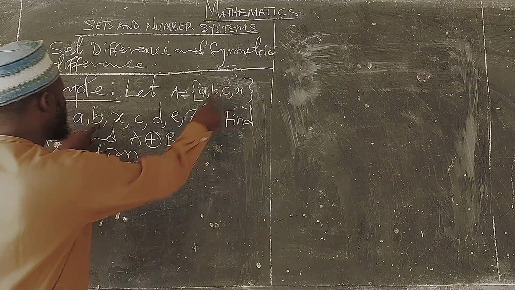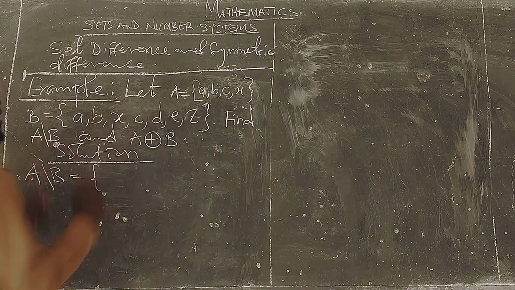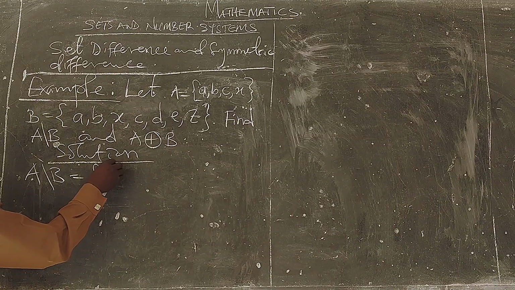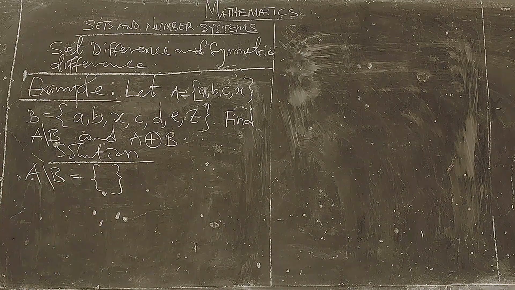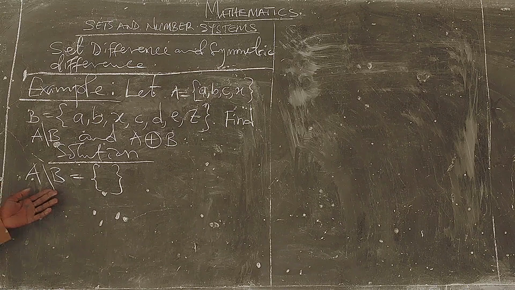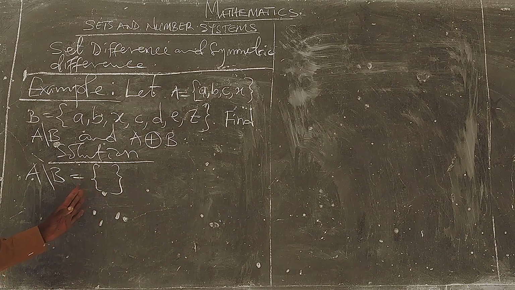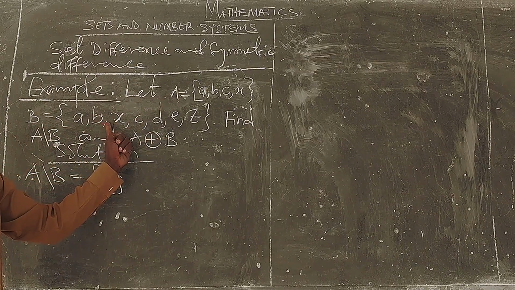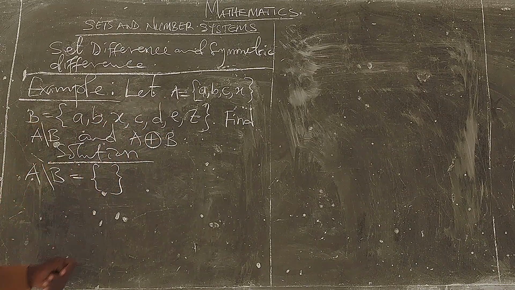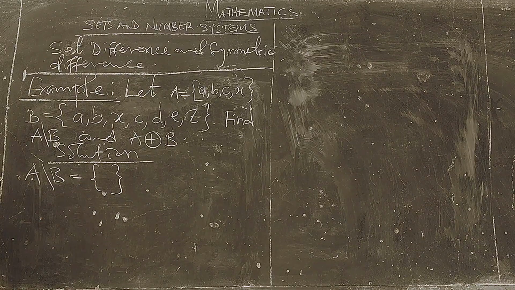Small c is here, we will not write it. And then x is here, we will not write it. So the relative difference of this set is empty, meaning A is a subset of B, and that is why their relative difference remains empty.